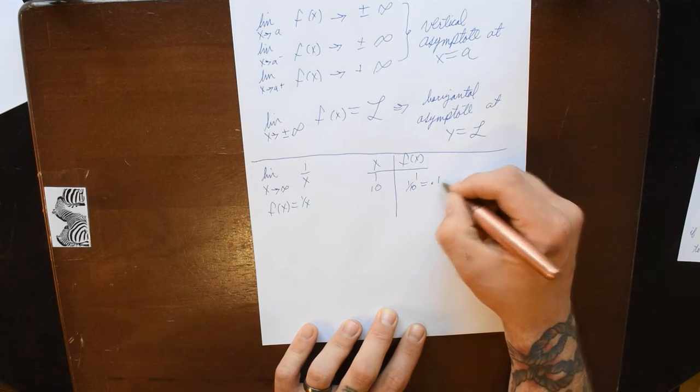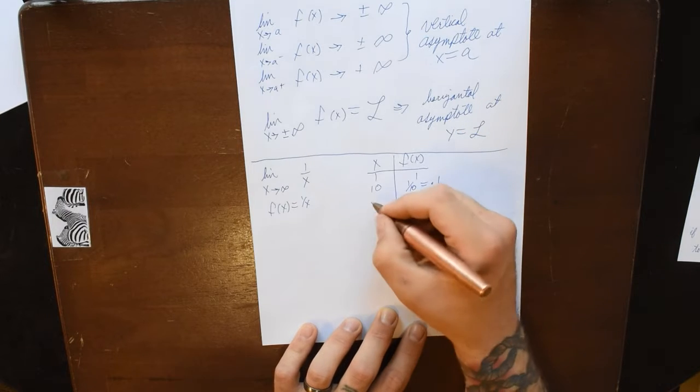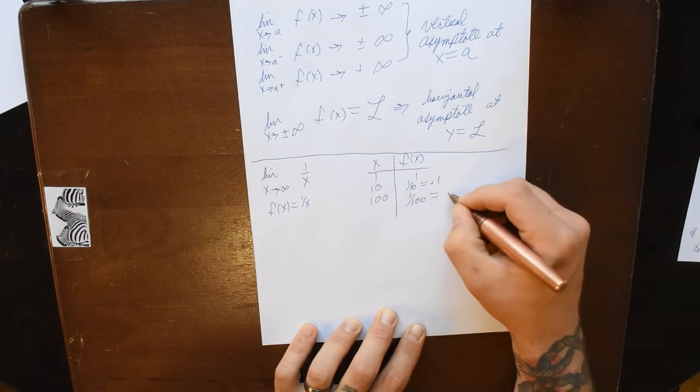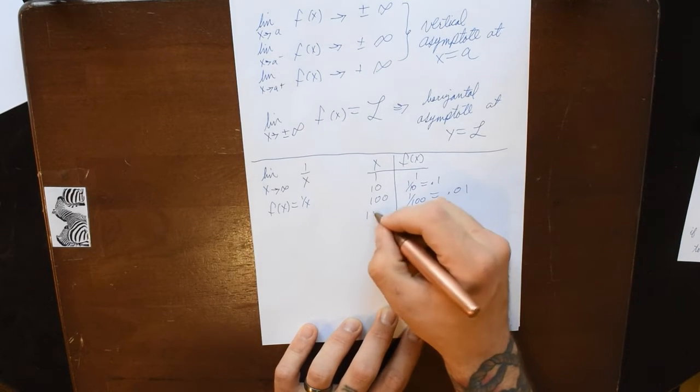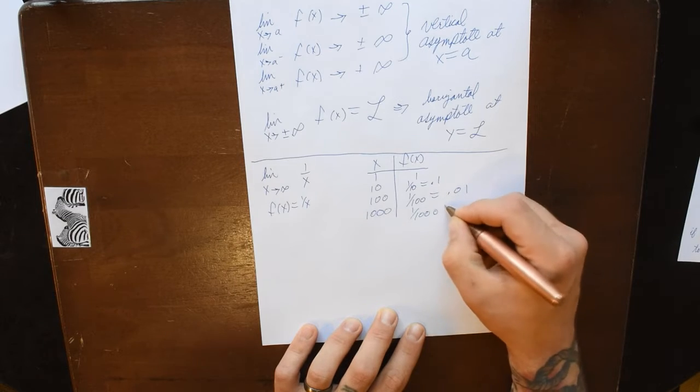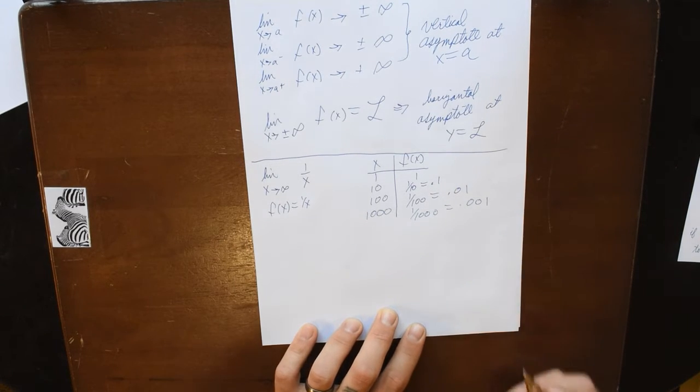or 0.1. If we plug in 100, we get 1/100th, which is equal to 0.01. Plug in 1,000, 1/1000th, and we get 0.001.